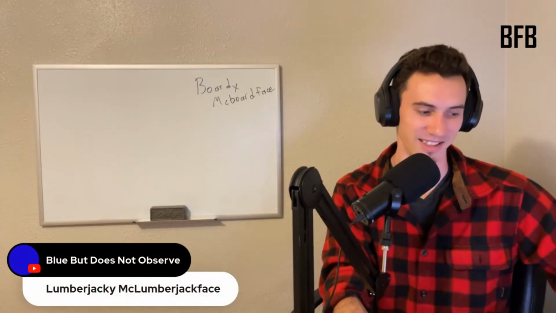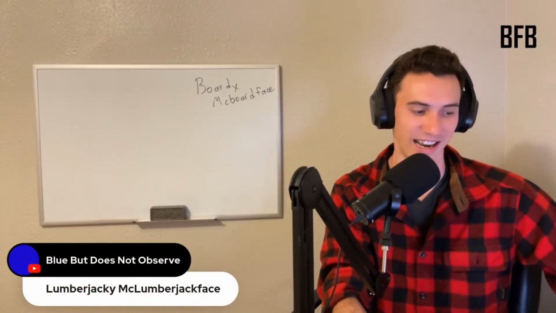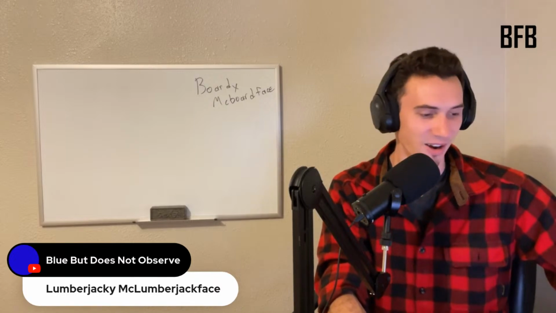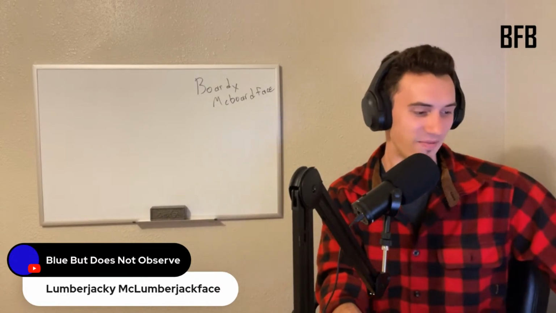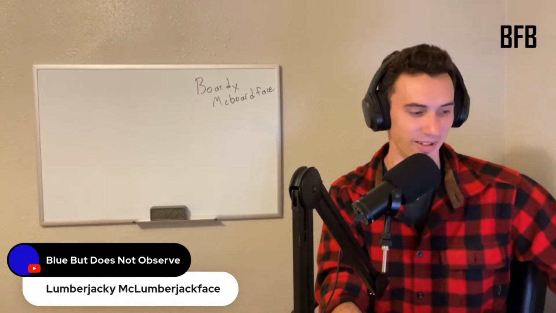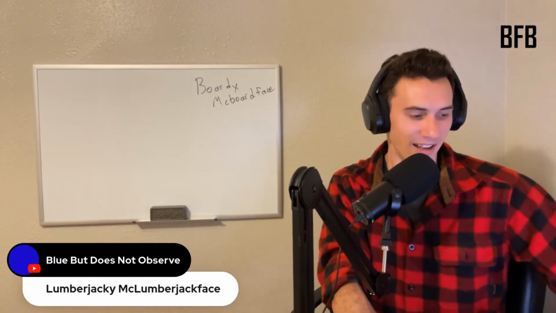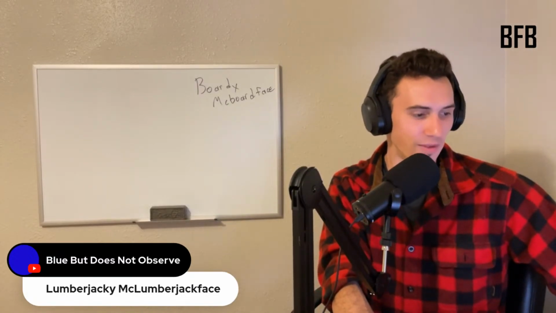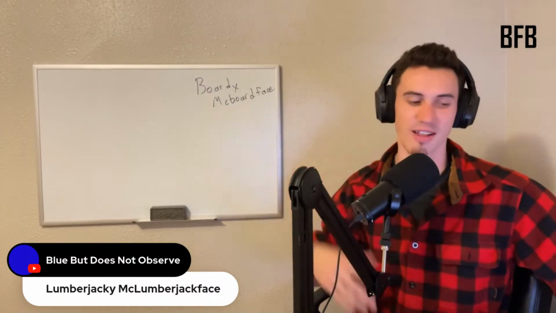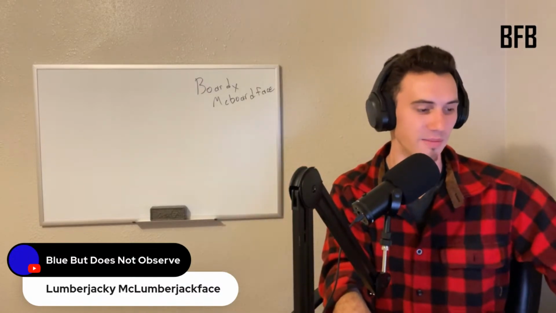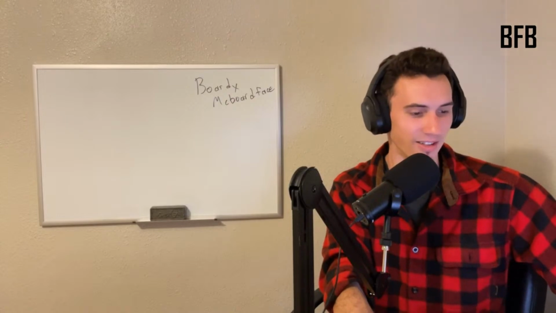Oh, I can see where this is going. Lumberjacky McLumberjack Face. Okay. I'm gonna let those come into the chat, and I like those names. Those are very, very creative names. It looks like all of the observers are on the same wavelength with their naming strategy. So that's great. That's good to hear.